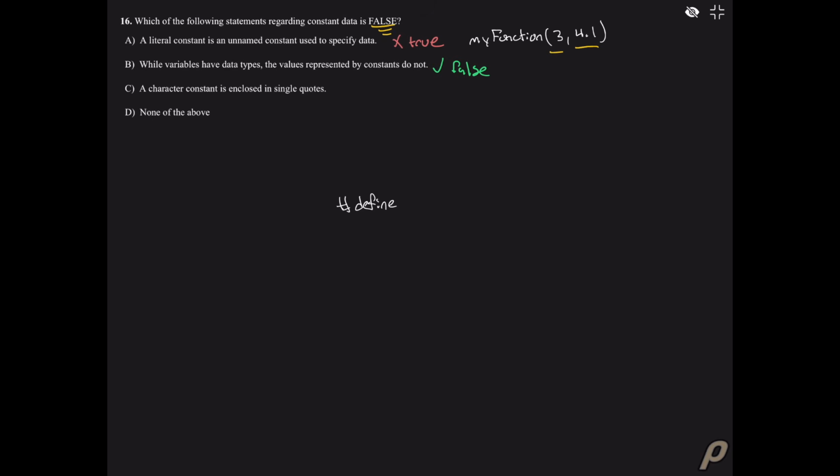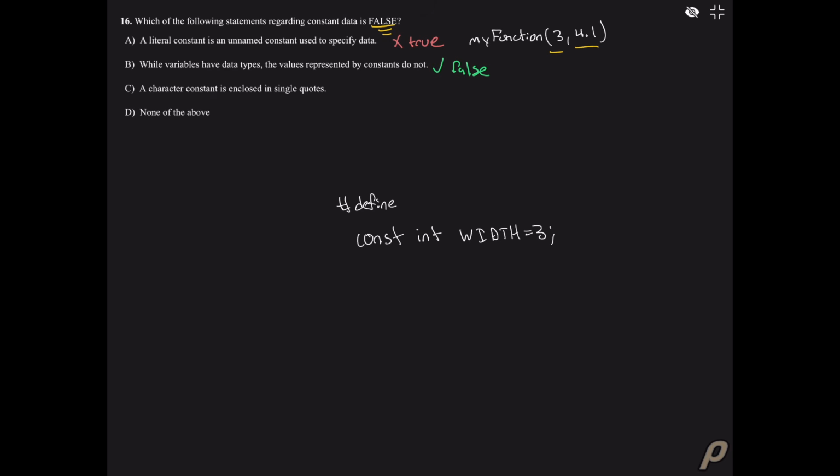as well as const, which is one you probably won't actually use in your code, but it does exist in the C language, where you do const, and then I do believe you specify the data type afterwards, int, and then whatever the name of it is, maybe width, and then you say it equals 3.